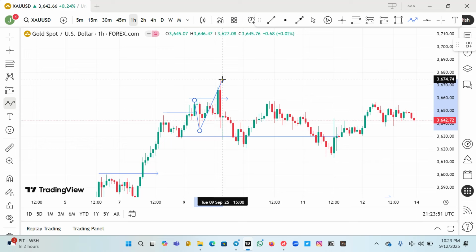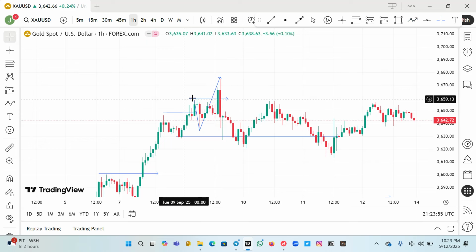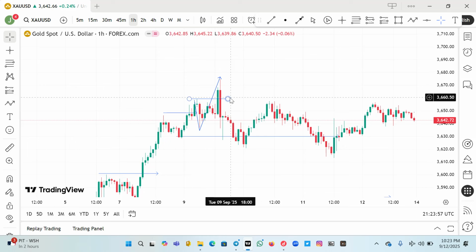This is a break of structure here. This is a break of structure here, right? Now the market broke above the previous high point, a break above the previous high point with the body of the candle.